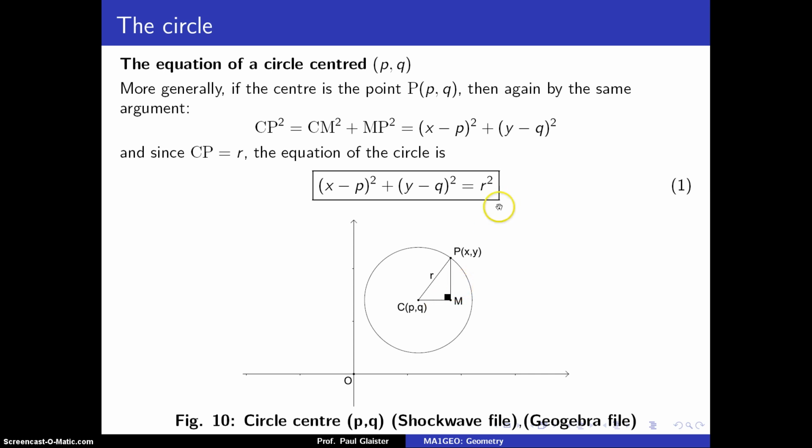In other words, the sum of the squares of those two distances will be r squared, and this time we get this equation. So that's the general equation of a circle, centre p, q, radius r.